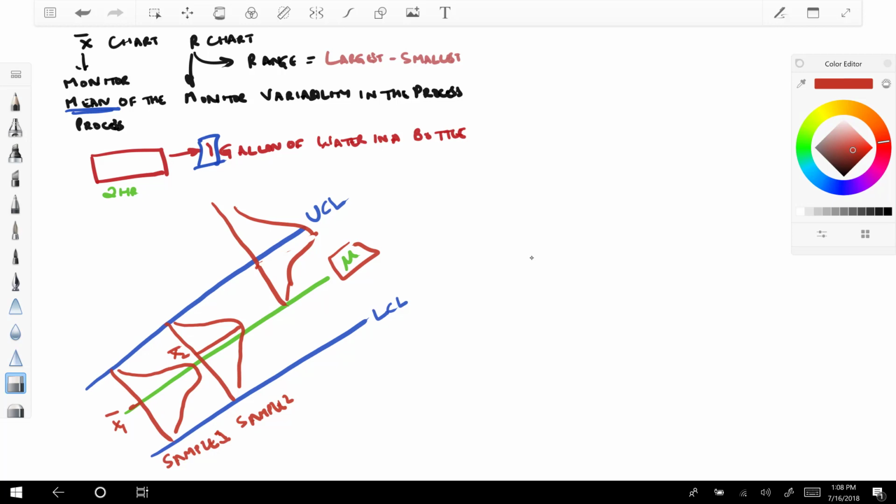So maybe somewhere here. So this is xk bar, because this is the kth sample.